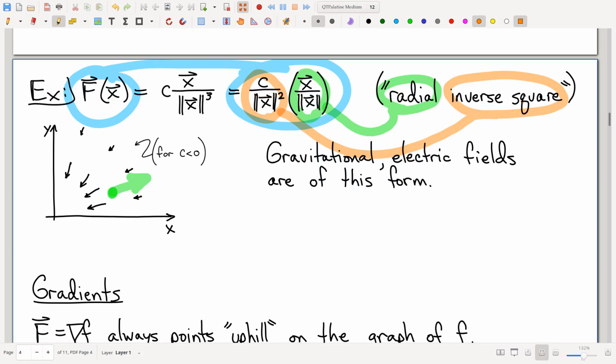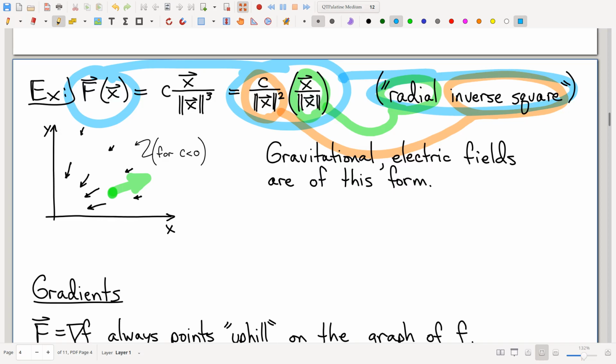But if you write it like this, you can literally see right here in the expression why we call this a radial inverse square vector field, or sometimes people say inverse square radial. Sometimes people just say inverse square, and they're like, come on, you know what I'm talking about, and the radial is implied. But I like to go ahead and say it. So, radial inverse square.